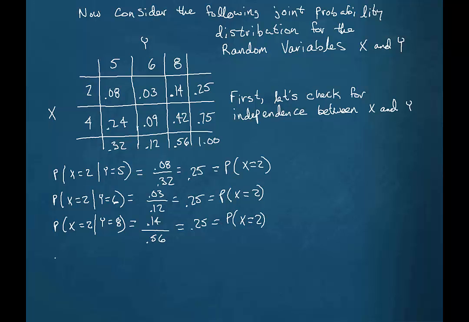We would do the same thing for the probability that x is 4 given y is 5, and then the probability that x is 4 given y is 6, and then the probability that x is 4 given y is 8.